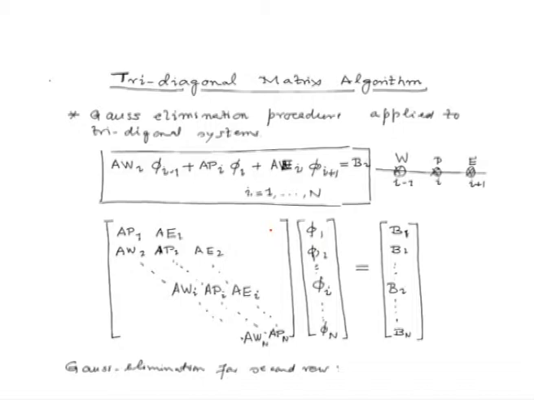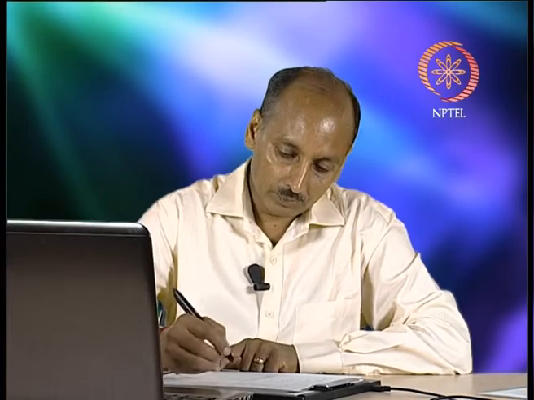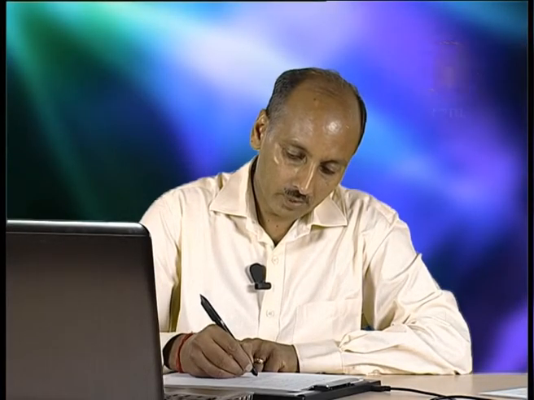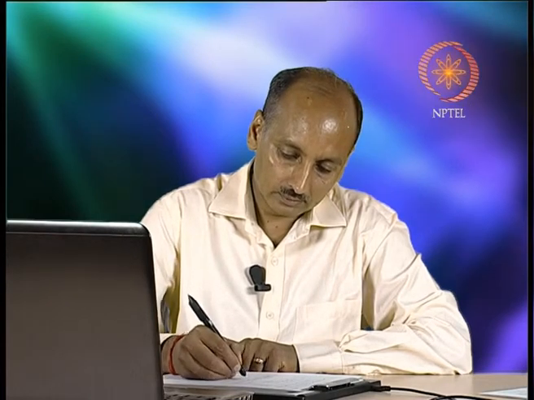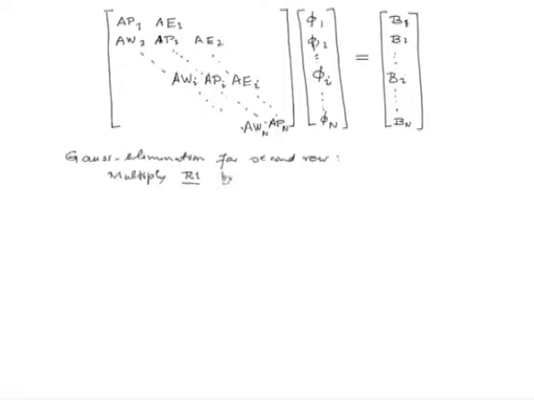So, that we will leave as such. Now, if we want to eliminate AW2, we have to multiply the first row R1 by AW2 by AP1 and subtract it from R2. R2 is our row 2.